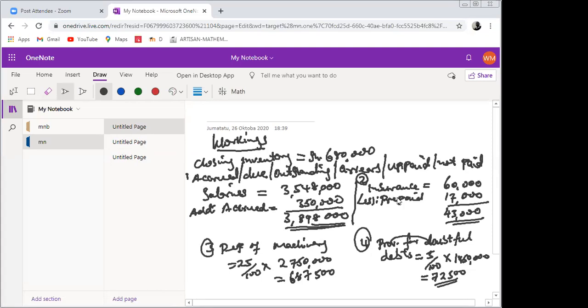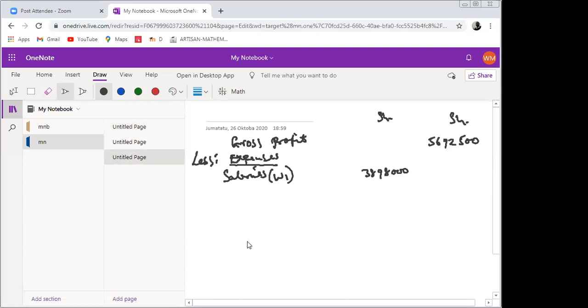Number 2, we have insurance, which was adjusted from 60,000 to 43,000 for this year. So you write insurance. This is my working number 2. And the figure that arrived for this year, we were supposed to pay only 43,000.